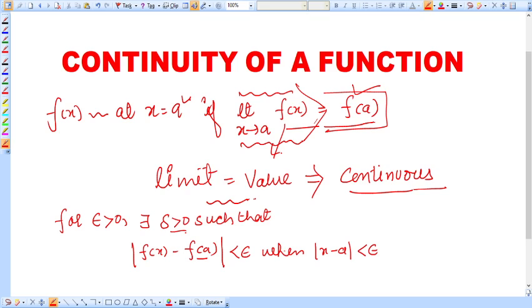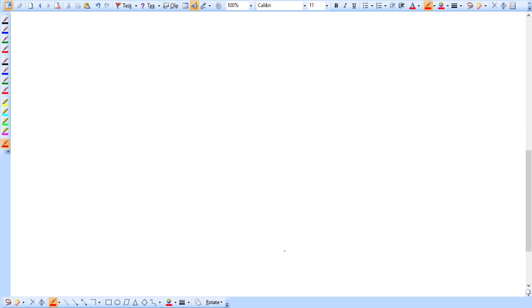A function which is not continuous is said to be a discontinuous function. We are going to classify the kinds of discontinuity now. We have various types of discontinuity.